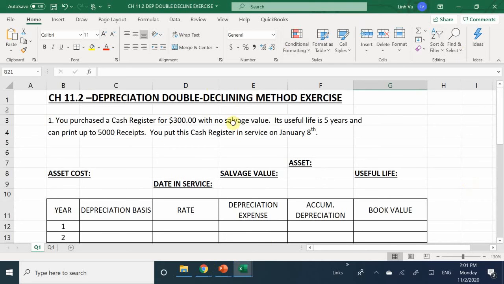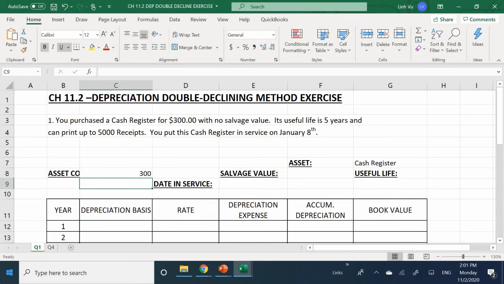So let's go ahead and solve for what my asset is. What did I buy? $3,000 or $300? Oh, that's the asset cost. What's my actual asset? Oh, a cash register. Okay. So I bought a cash register, and how much did it cost me? $300.